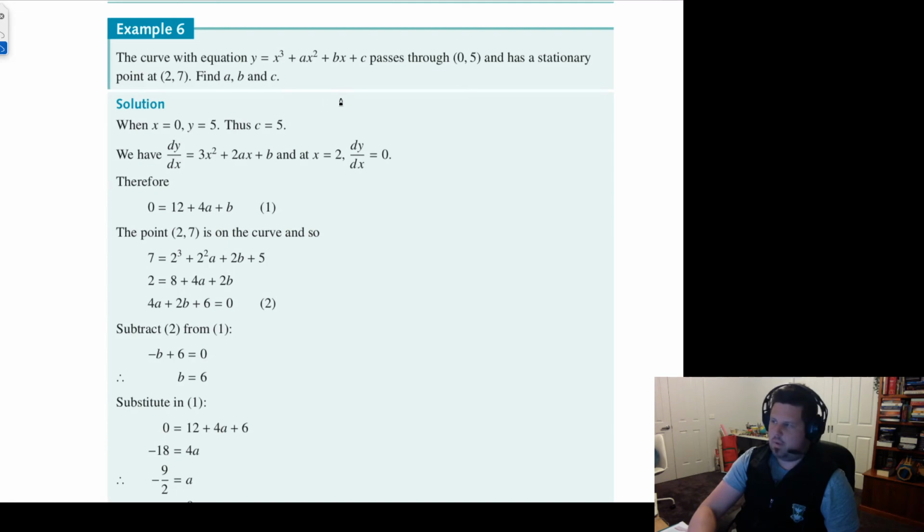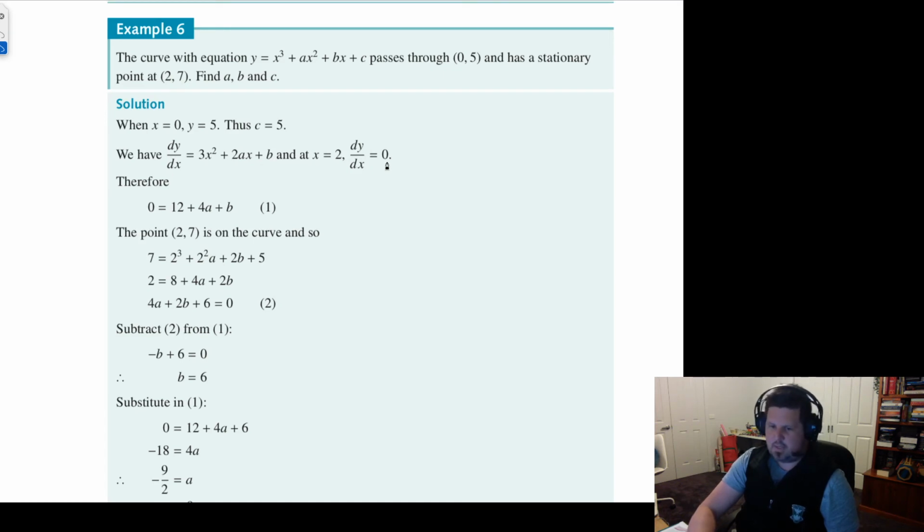Next, what we know is that when you work out the derivative of this equation, it has a stationary point at this particular location. So if we differentiate this, we know that at x equals 2, the derivative is going to be equal to 0.